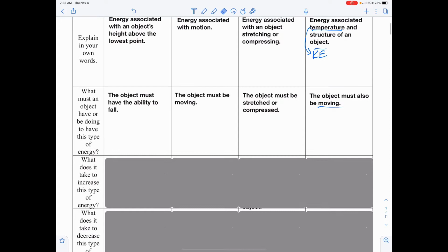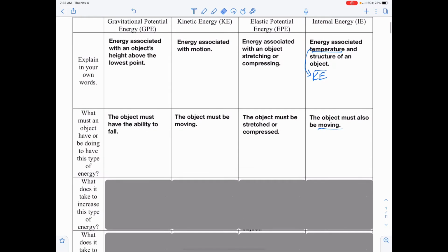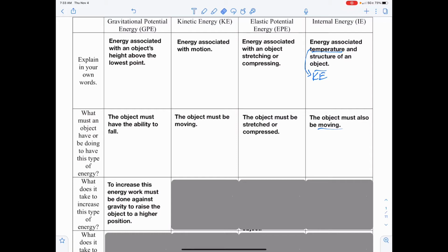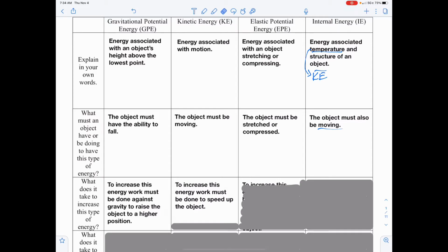What does it take to increase gravitational potential energy? Well, to increase this energy, work must be done against gravity to raise it to a higher position. To increase kinetic energy, work must be done to speed up the object.